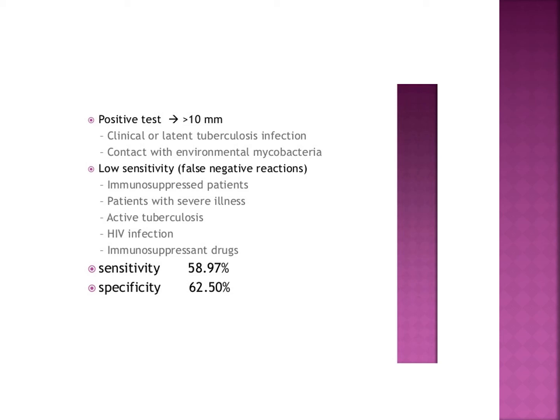So in that case, this test can come negative, or it is not considered confirmatory, so it can give you false negative reaction. The sensitivity is around 58% and the specificity is 62.5%.